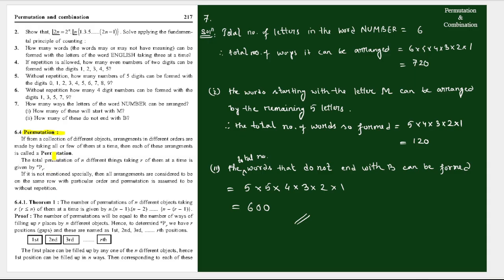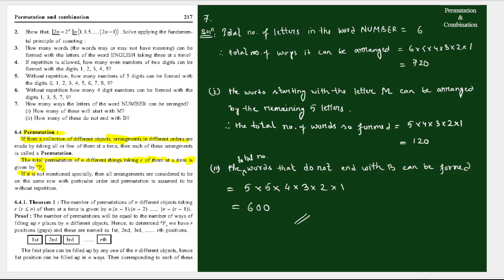We will study in detail. Earlier we learned the very basic definition, that it is a collection of different things or an arrangement. In how many ways it can be arranged, that is our permutation. It is symbolized by nPr. It is called the permutation of n different things taking r at a time.